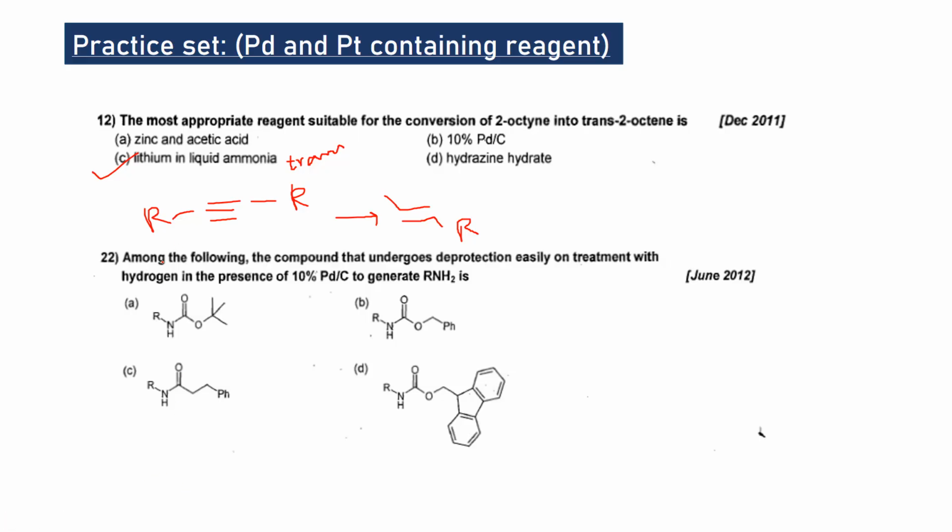Next question is, among the following, the compound that undergoes deprotection easily on treatment with hydrogen in the presence of 10% palladium carbon to generate RNH2.